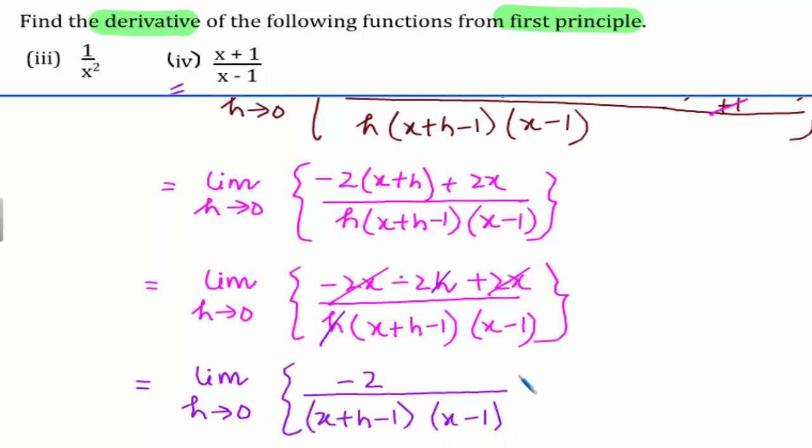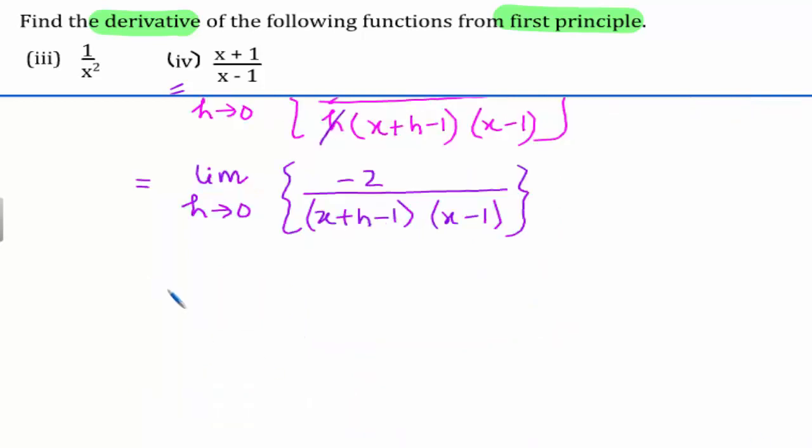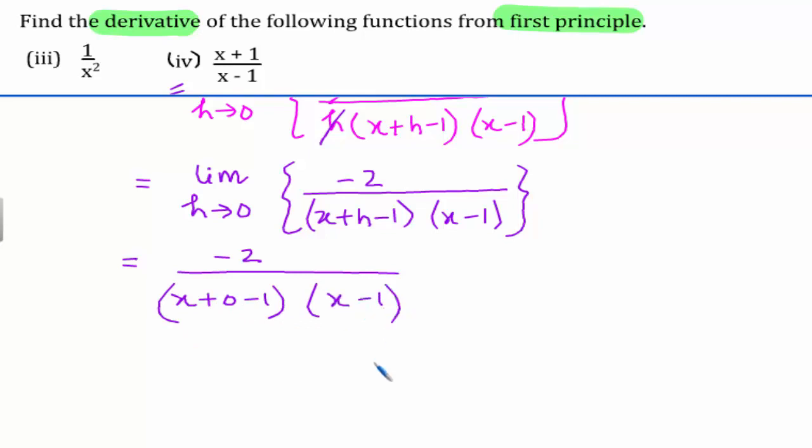Now as h tends to 0, replacing h by 0 in the function we have minus 2 divided by x plus 0 minus 1 into x minus 1, and this is equal to minus 2 divided by x minus 1 into x minus 1, that is x minus 1 whole square.